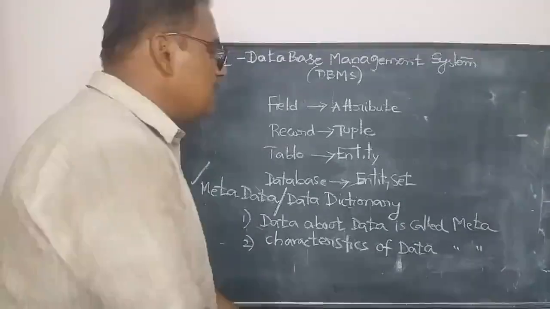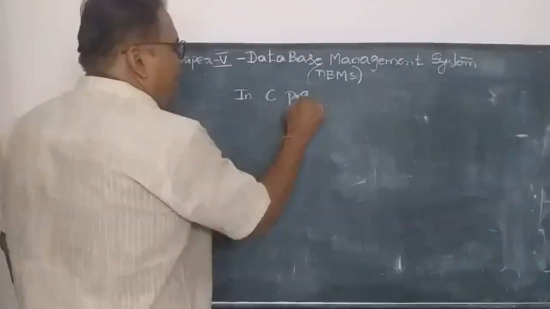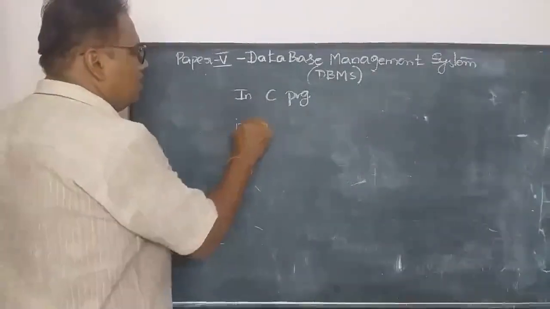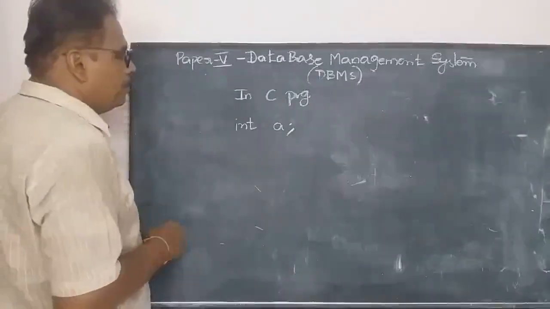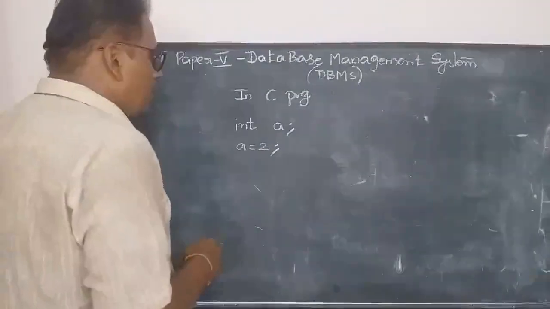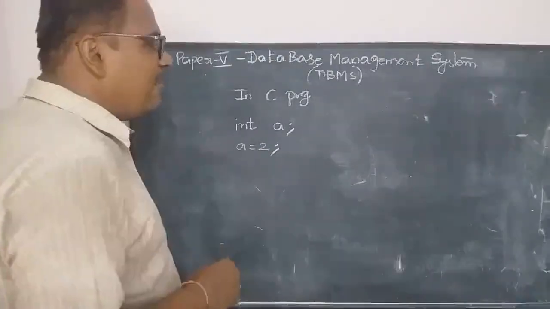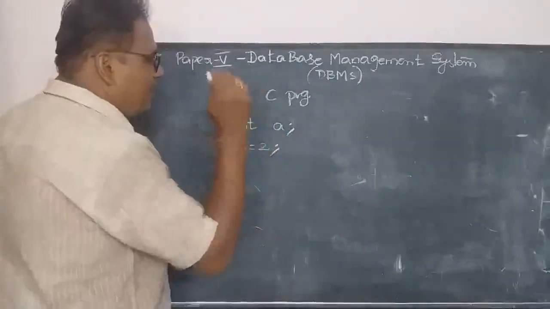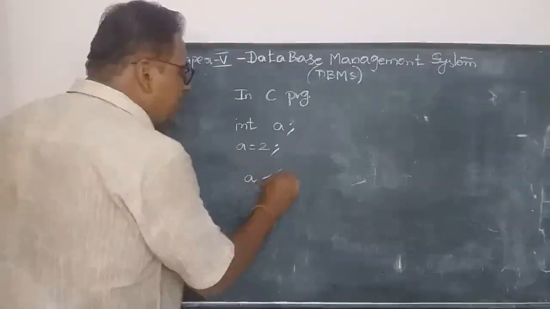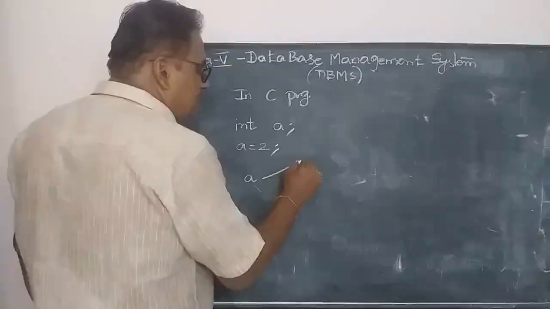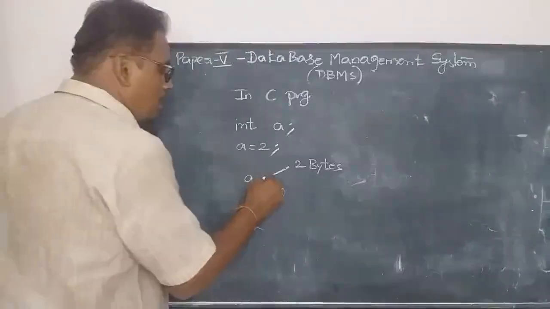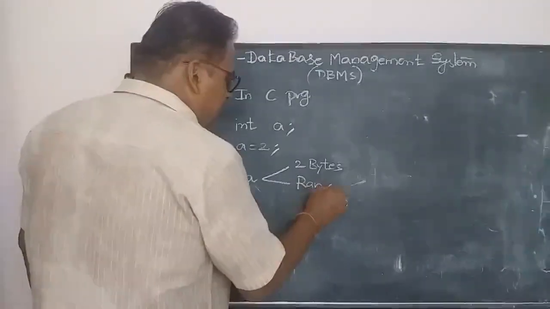Let me explain this definition with an example. In programming, I declared an integer variable a, and I initialize the value 2 to a. Now, how can we identify the metadata or data dictionary of variable a? According to the data types concept, an integer variable a occupies 2 bytes of memory, and it has a range.